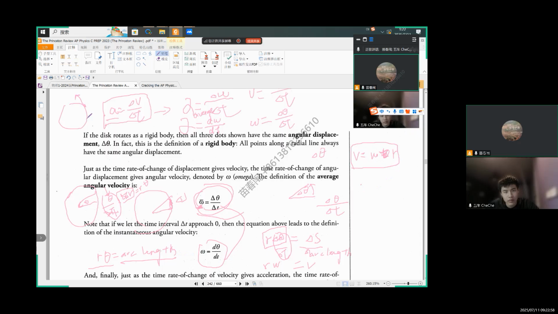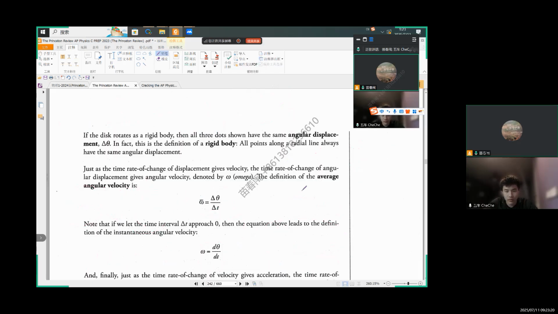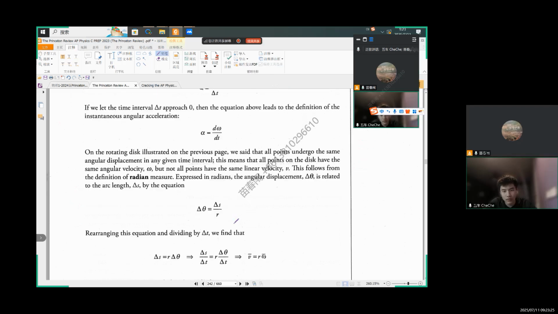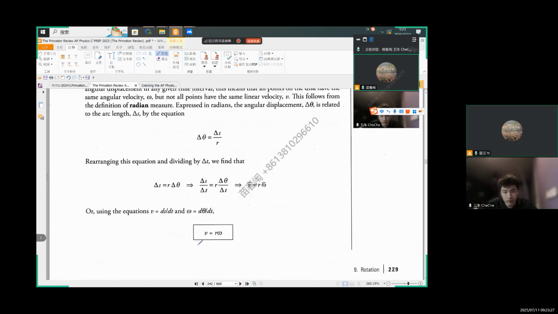So basically the velocity at any given point on the circle is equal to the rate at which the angle is changing times the radius. Yes, that makes sense. It's because of this geometry: ds equals r d theta, divided by dt on both sides. So now I can just introduce this one.